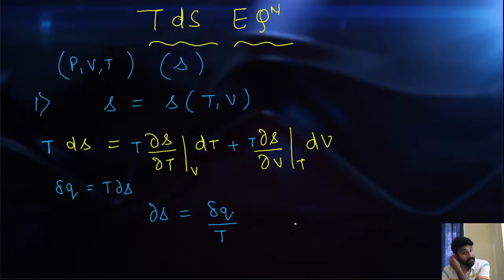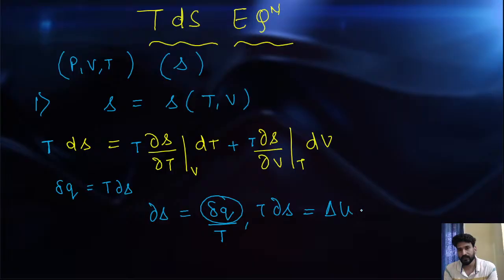No work done means all the heat is going into the internal energy, right? So T del S is equal to del Q, which is the change in internal energy. And change in internal energy is nothing but Cv dT, and in terms of partial, I can write Cv del T.